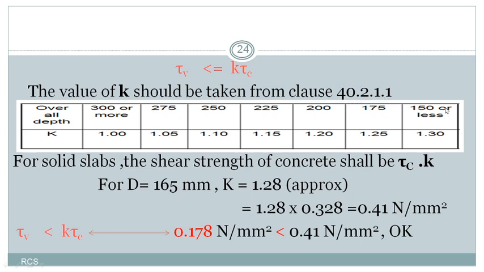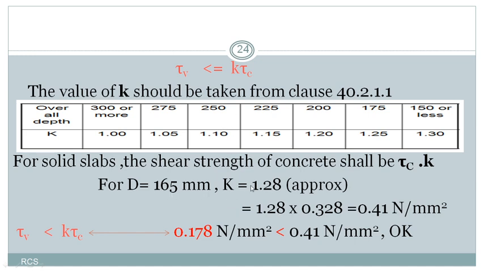So this is the overall depth of the slab, and these are the corresponding K values. Our overall depth of the slab is 165, which is in between 175 and 150. For 175 we have 1.25, for 150 we have 1.30. So our value lies between these two. I am approximately assuming K value is 1.28 for overall depth of slab 165 mm.